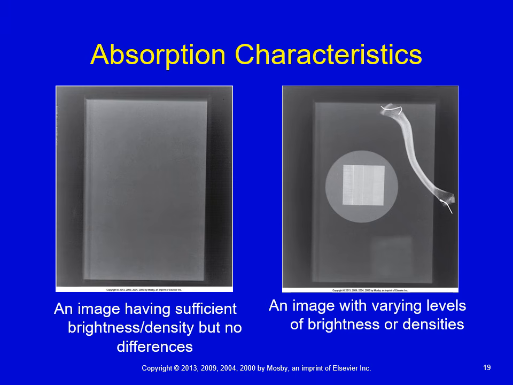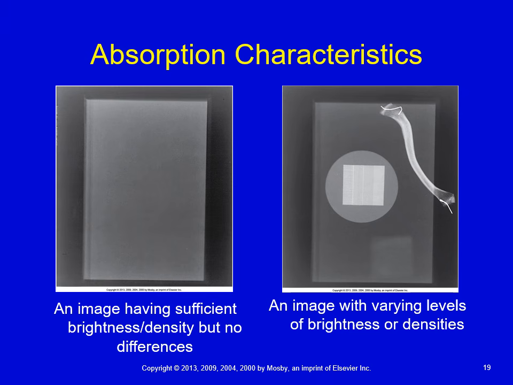So think about body parts the same way. If we think about the different types of tissues that are in the body, bone, soft tissue, fat, and air-filled organs, they all absorb X-ray photons differently. Some will absorb or attenuate more of the X-ray photons that are in the beam, and some will allow them to penetrate, transmit, and reach the image receptor.